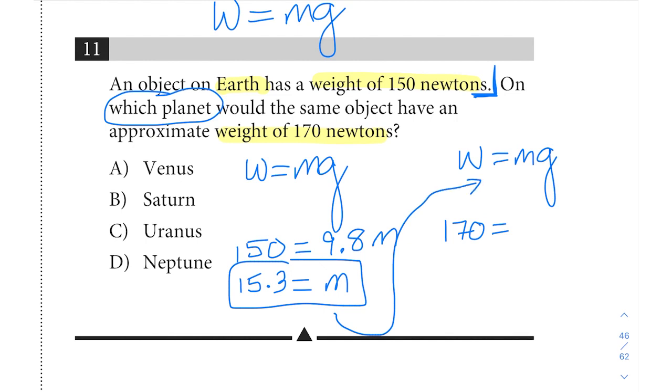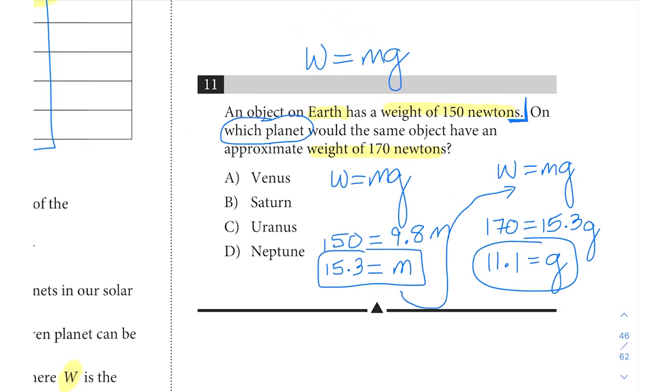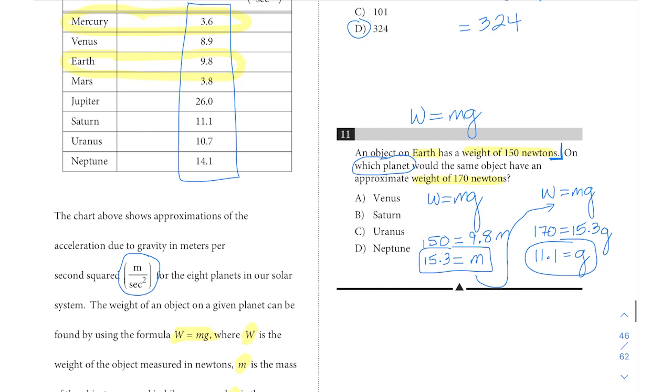This value for m, our mass, can be plugged into this equation. Because we have a known mass, we can plug in 15.3 for m, and we are solving for g, and now it just becomes a simple algebraic equation where we divide both sides by 15.3. 170 over 15.3 is going to give us 11.1 repeating, or 11 1/9, which is our value for g.